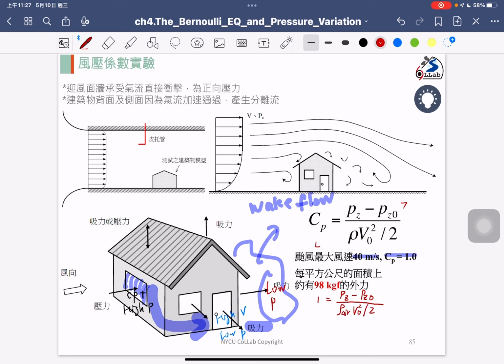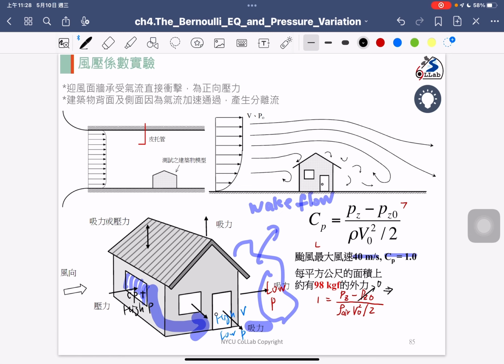As we know, the piezometric gauge pressure in the free stream here is equal to 0. Okay, and we just reorganize the equation in here.